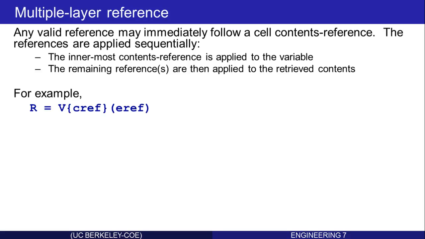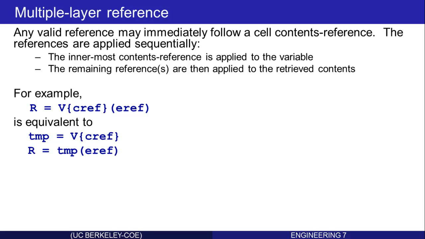Suppose V is a cell array, and we consider this expression. The way to interpret this is to first consider the contents reference applied to V and store that result in a temporary variable. And then the element reference is applied to the temporary variable, giving the final result.